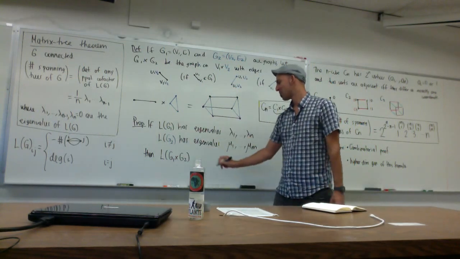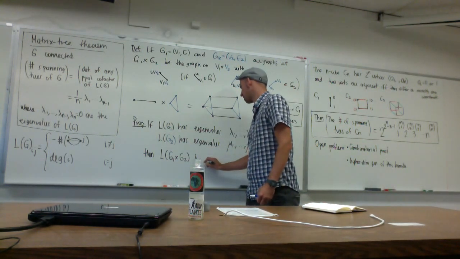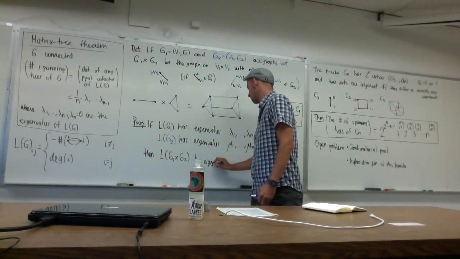The Laplacian of G1 times G2 has eigenvalues what? What would you hope?